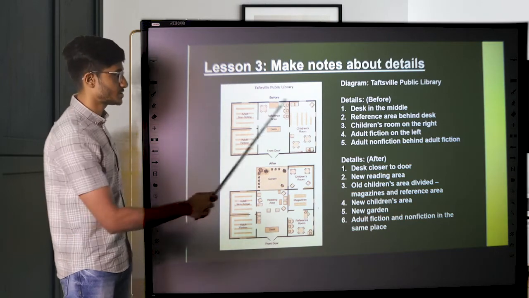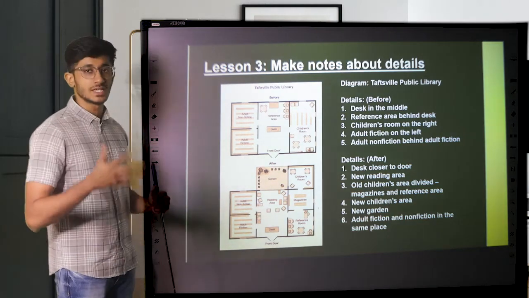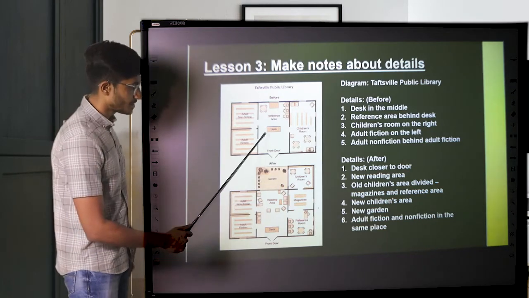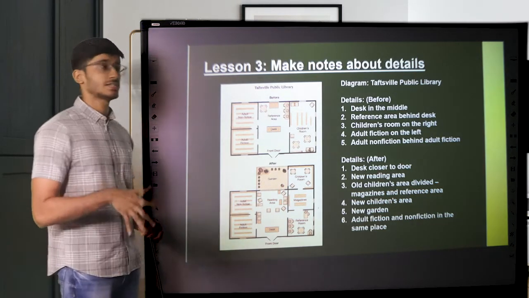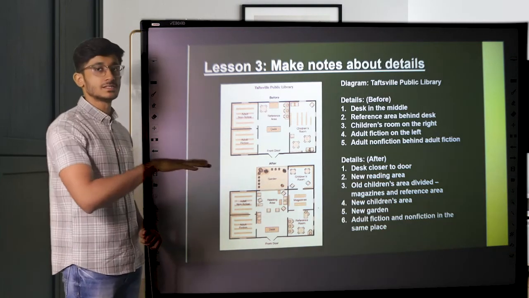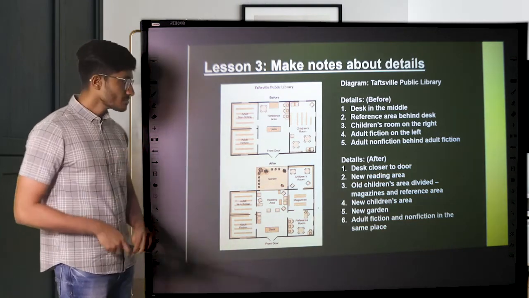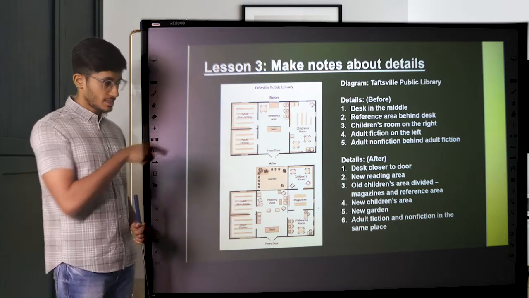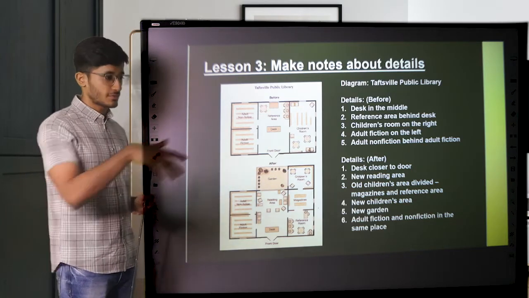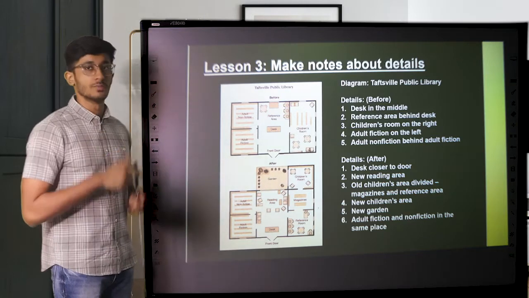So even though the pictures are in 2D, you can obviously imagine yourself entering here, and then you can say that it's behind. You have to talk in the context of a 3D place, not just a 2D diagram. The diagram is 2D, but you have to speak, or write, in the perspective of a 3D floor basically.